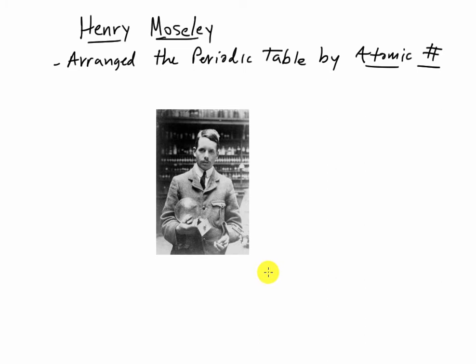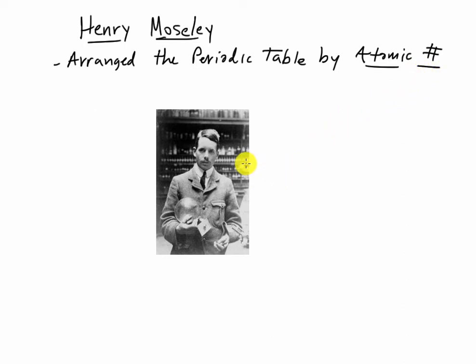There were some things that didn't quite match up. And the problem with Mendeleev was that he didn't know about atomic number. The proton hadn't been discovered. In 1896, at the time Mendeleev came up with that table, they hadn't discovered the proton yet. So therefore, there was no concept of an atomic number. So Henry Moseley came by later in the 1900s and rearranged the periodic table by atomic number.